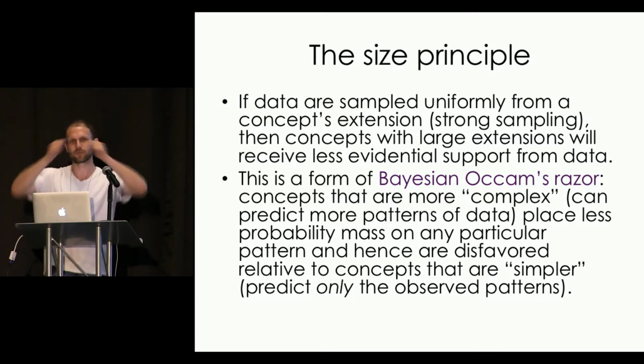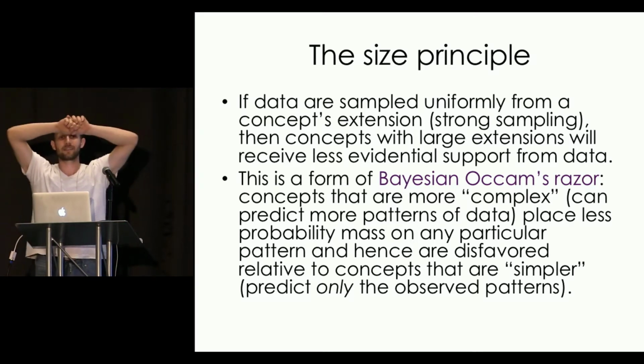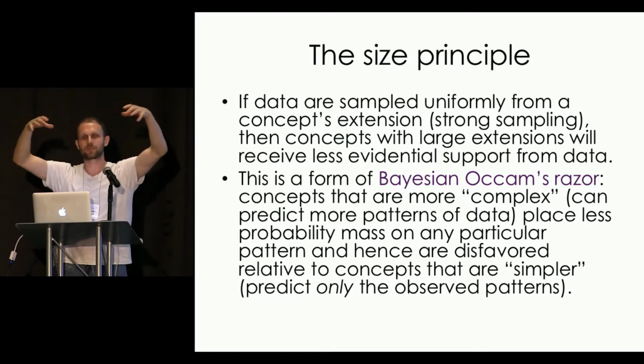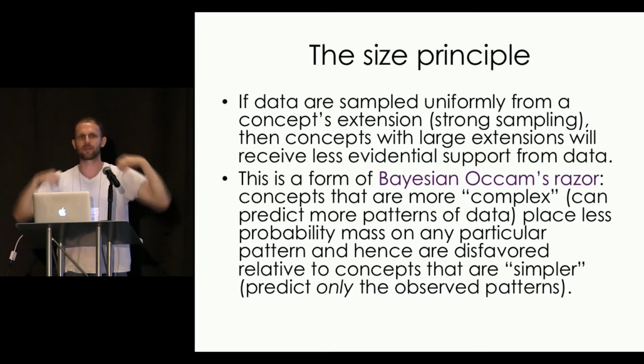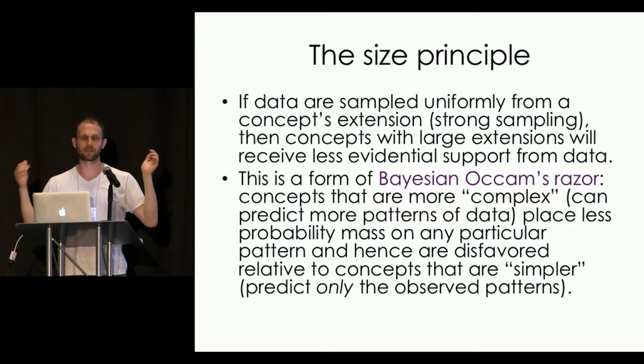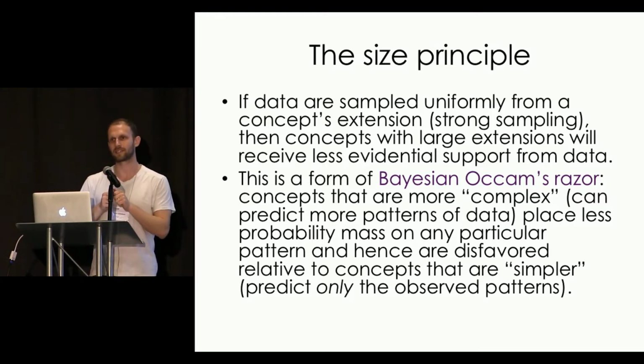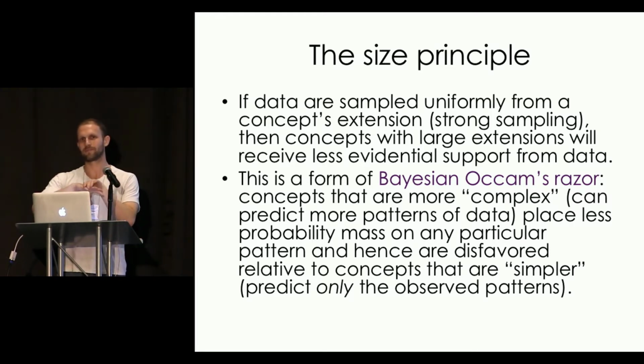If I have a really big consequential region, I can produce more data, but any data I observe is going to be less probable under that large region, because I have to spread out the probability mass between the different hypotheses, and so it's going to diffuse the responsibility for any one data point.